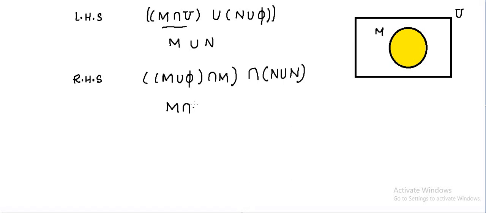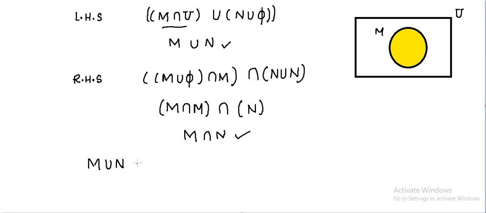Now this can be written as M intersection M, and with the intersection of N union N, it is nothing but N. Now M intersection M is M, and with the intersection of N. So left hand side is M union N and the right hand side is M intersection N. So by this you can say we have M union N is equal to M intersection N.